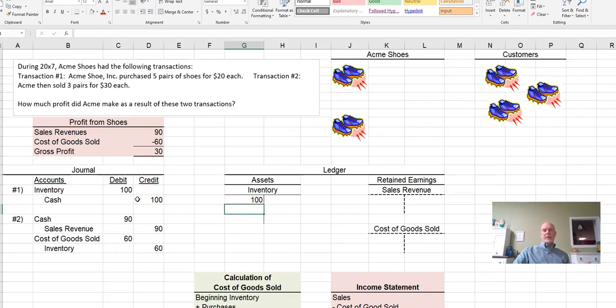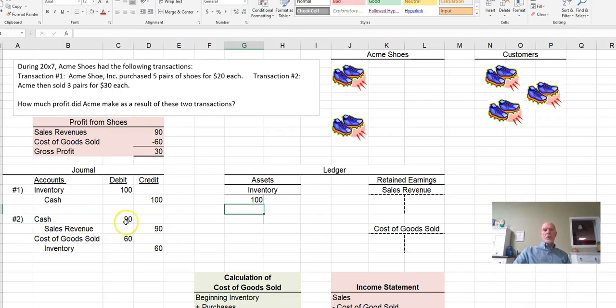When you sell the product, and this is an important point, there are 2 entries that you need to record. First of all, you need to record the fact that you sold it and how much you sold it for. In this case, we sold 3 pair of shoes, $30 a piece. Our sales are $90. We're going to debit cash and credit sales revenue, or just sales.